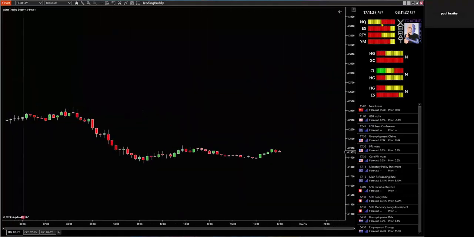One of the things which is really cool about this are these correlation meters. NQ, ES, RTY, and YM, they are fixed. So this gives you a good idea of overall market sentiment.